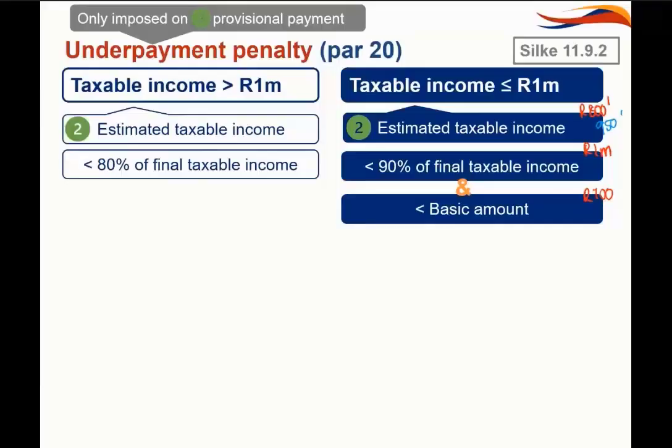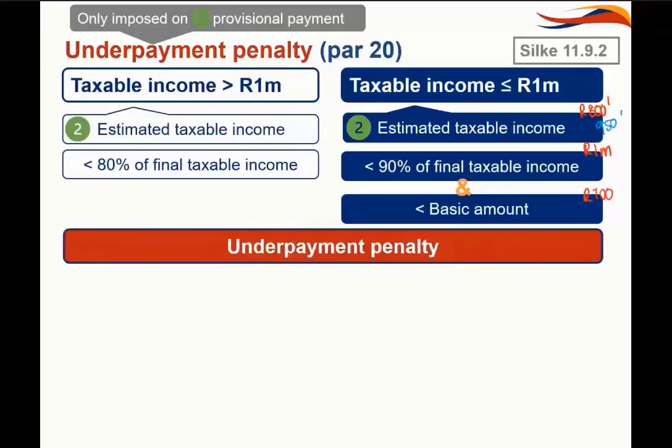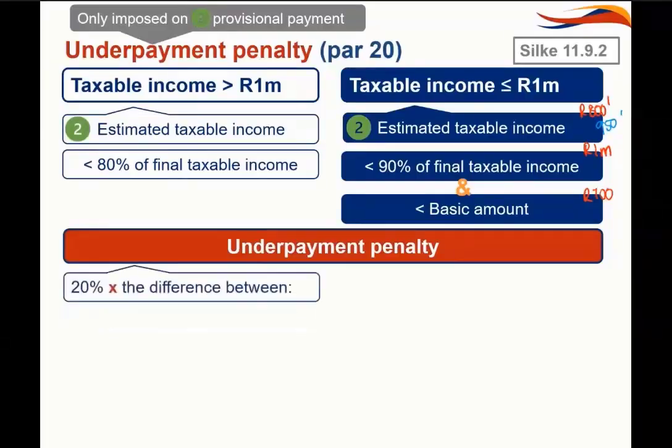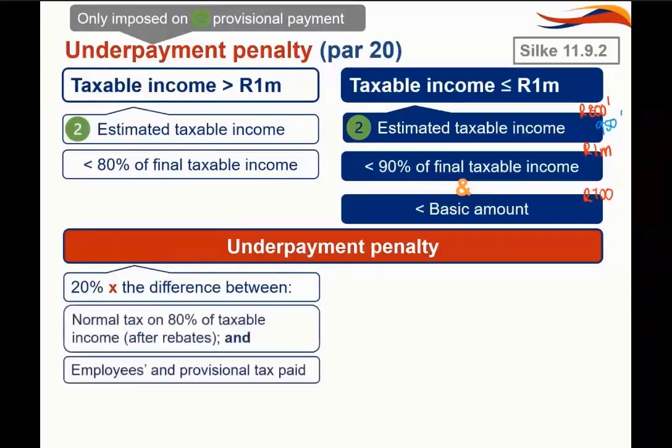If I'm subject to an underpayment penalty, okay, I now again have two different ways of calculating it. If my taxable income exceeds 1 million rand, I'm going to take 20% of the difference between the normal tax on 80% of taxable income after rebates. Okay, now that's starting to sound confusing.